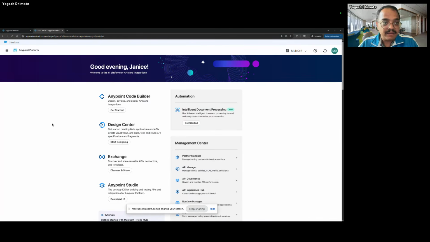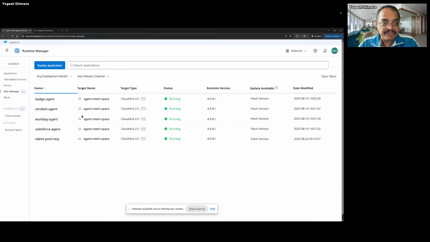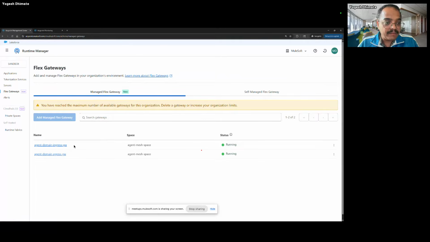So Janice logs back into Anypoint Platform and first goes to Runtime Manager, where all these agents are deployed on Flex Gateway. Here, she can see the ingress and egress gateway that we looked at in the architecture diagram just a few minutes back.